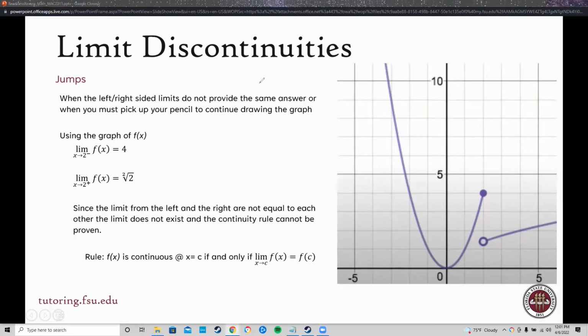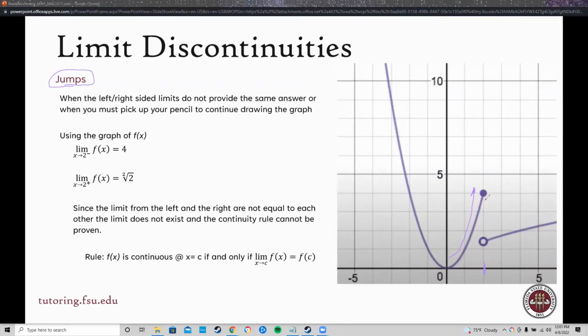Okay. In this example, we have two separate graphs, part of this function. This type of discontinuity is called a jump discontinuity, when the left side of the graph doesn't meet the right hand side of the graph. So if I'm approaching the function from the left, I'm up here and I'm thinking that the y value at x equals 2 is equal to 4.